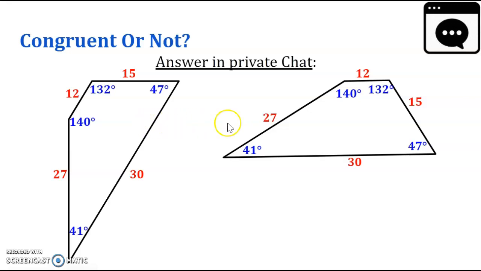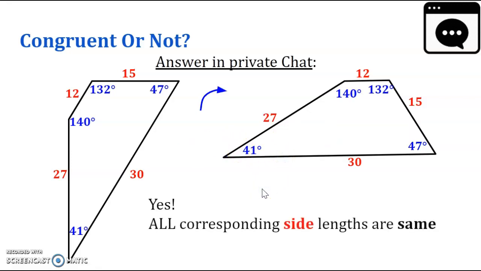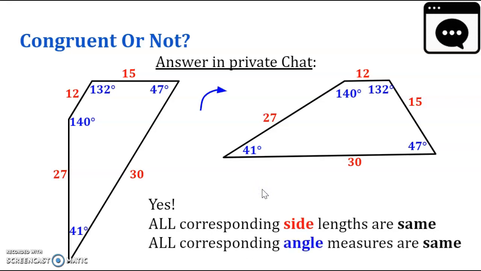Okay, and so when we have all the measurements, we can also come to that conclusion. And if I rotated this original figure clockwise, I could map it onto that exactly and then translate it. Okay, so they are congruent, which means that all corresponding side lengths are the same and that all corresponding angle measures are the same.